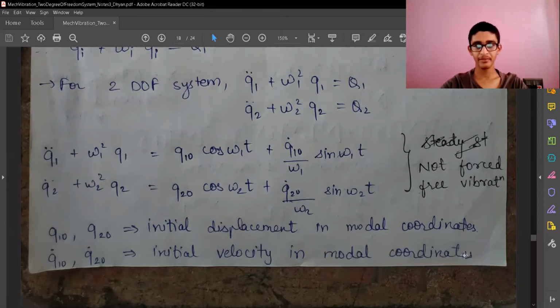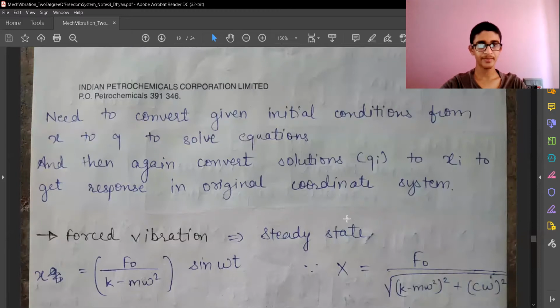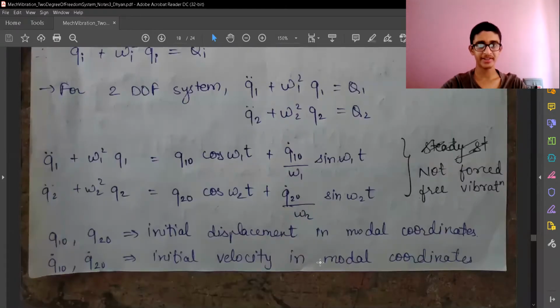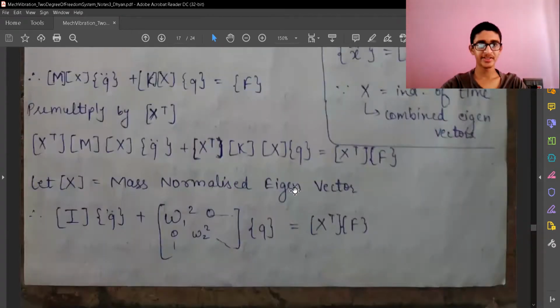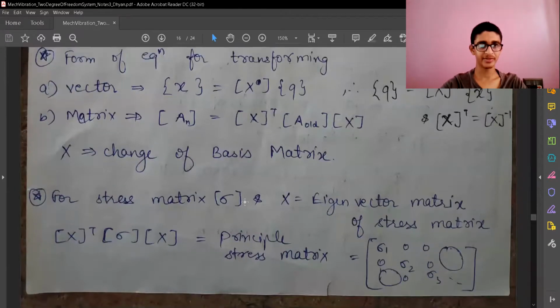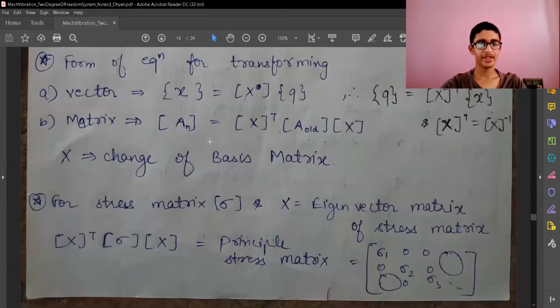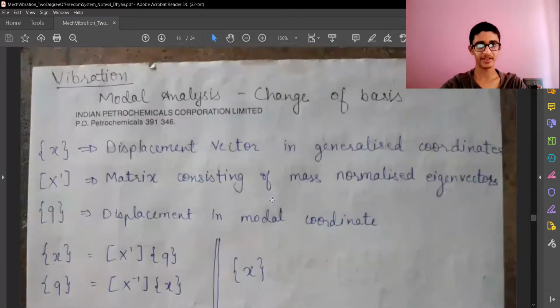We may not be given the modal coordinates, so we need to convert the displacement and velocity given in the original coordinate system into the modal coordinate system using the relations which I have shown earlier. If we are given vectors, displacement and velocity, we can convert directly, where X is the mass normalized eigenvector matrix or the change of basis matrix. If we want to convert a matrix, we need to use the matrix transformation equation.